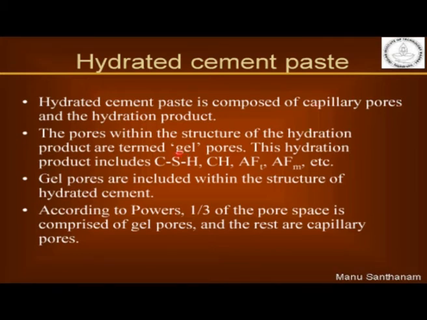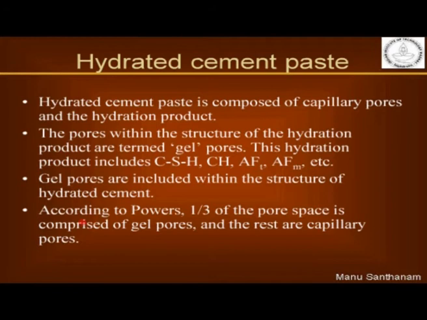The hydrated cement paste is composed of hydrated products like CSH, calcium hydroxide, ettringite, monosulfate, etc. I told you earlier that calcium hydroxide, ettringite and monosulfate are very well crystallized materials, so you do not worry about any porosity inside them, but CSH is semi-crystalline and has a lot of porosity inside, which is responsible for the gel pores.